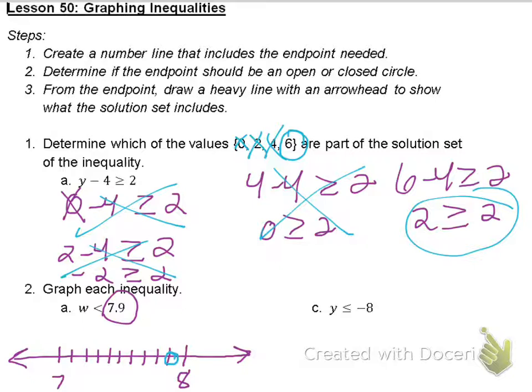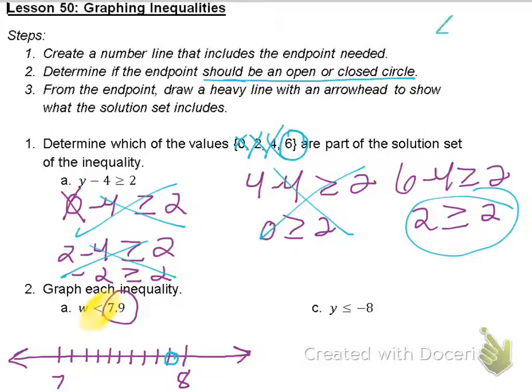Now my next step would be to determine if the endpoint should be open or closed. Now you should have learned this before, but an inequality symbol that does not have the line underneath it does not include equal to.